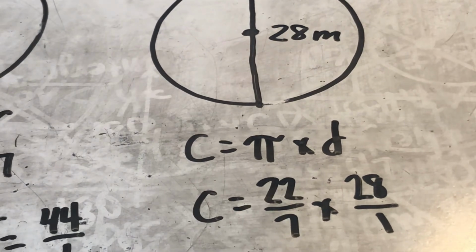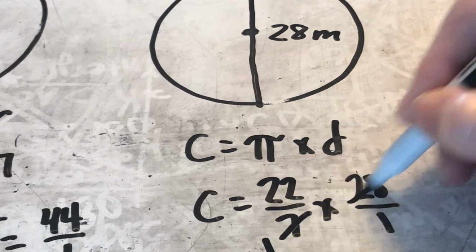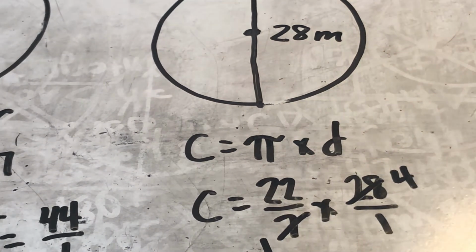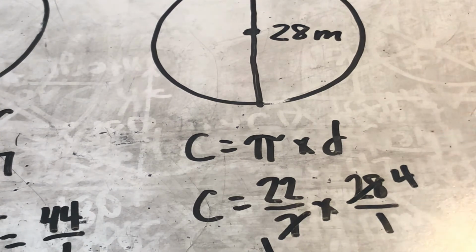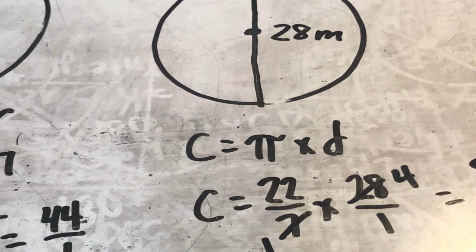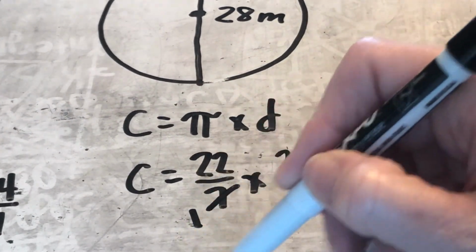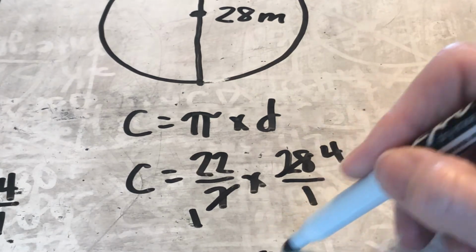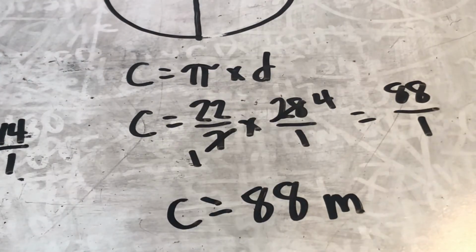Now I'm going to look, can I cross reduce? Absolutely. This becomes a 1 and this becomes a 4. That's a much better number to work with. So now I have 22 times 4, which is 88 over 1. And C equals 88 meters. I just plugged in the diameter there.